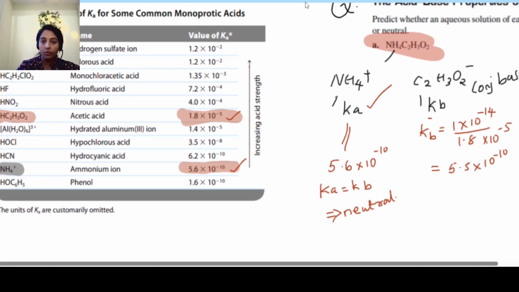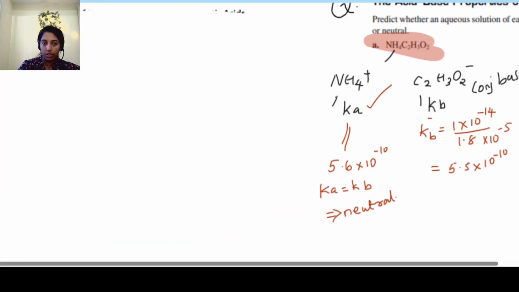If so, can you tell me, for example, if NH4Cl is the salt, how do you tell? Yes, NH4Cl. Cl minus is also neutral, so you don't need to consider this one and you can consider the other one, isn't it? So NH4 plus is a basic character, so definitely it's a basic salt.